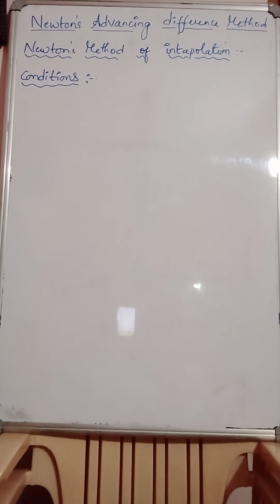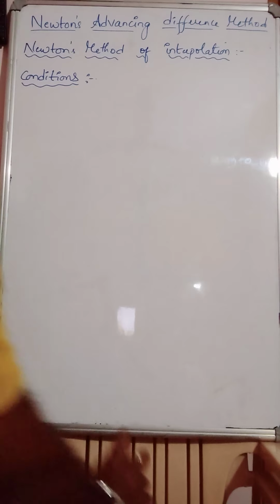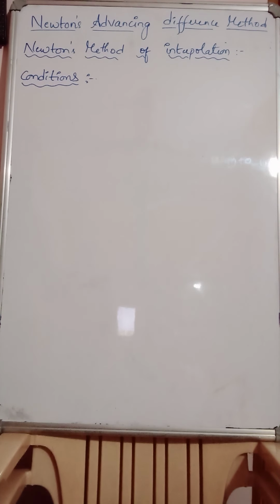Even in binomial expansion, the x variables have some common differences, the same way even in Newton's method it has some common difference between the independent variables x. Clear, guys? That is a common condition which you have to observe. So already I have discussed this part. This method is applicable in those cases where the independent variable x increases by equal intervals.